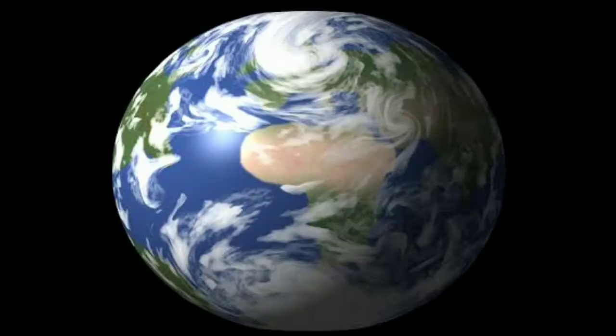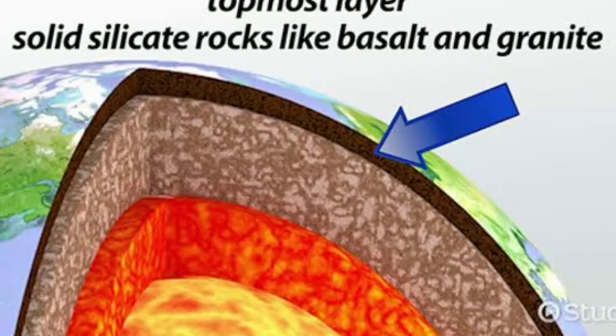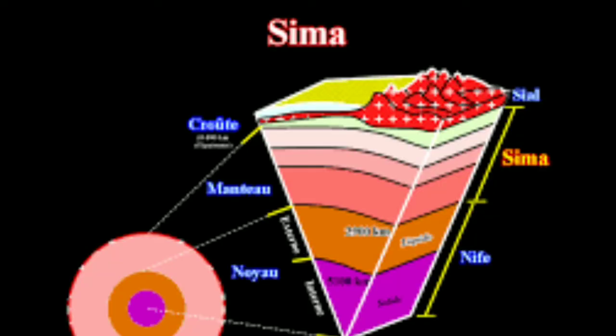Volume of mantle is 16% of the total volume of Earth. Mantle is made of various elements like basalt, granite, sodium, sulfur, etc. But here too, as silica and magnesium are the major elements, mantle is also called Sima. And here Si stands for silica and Ma stands for magnesium.